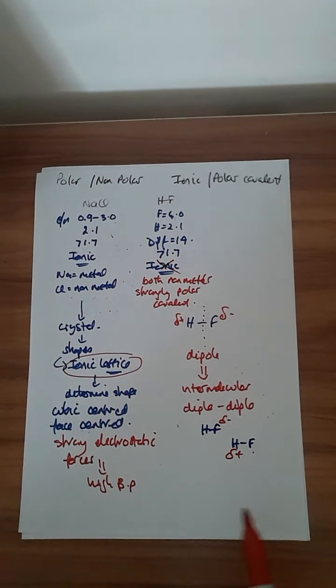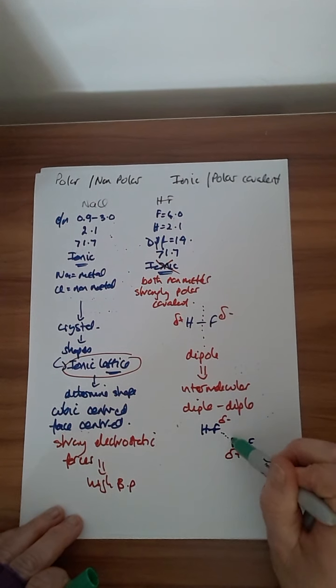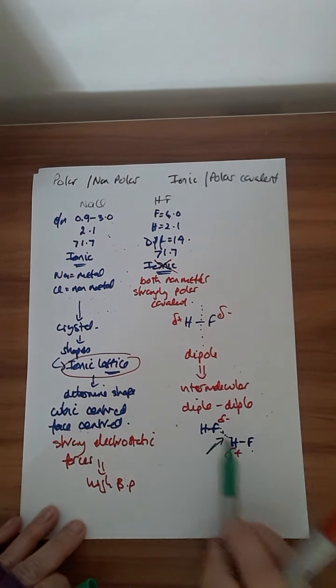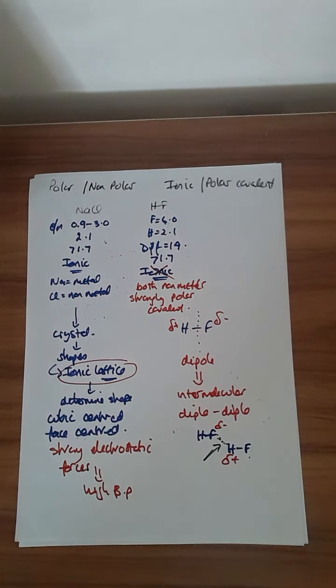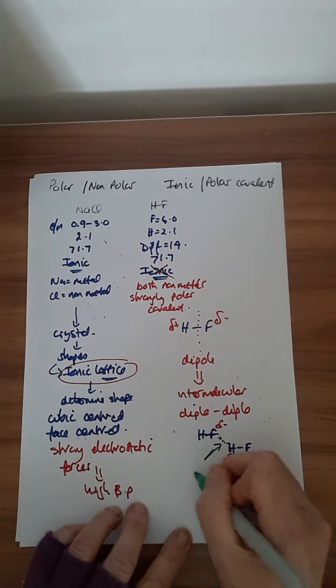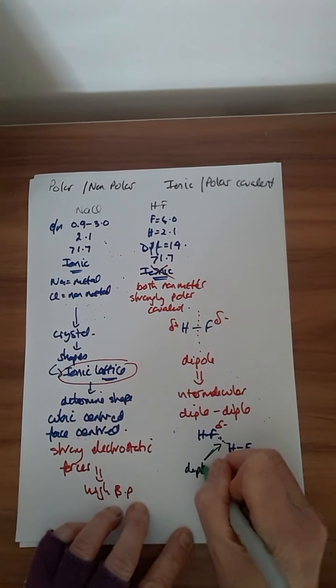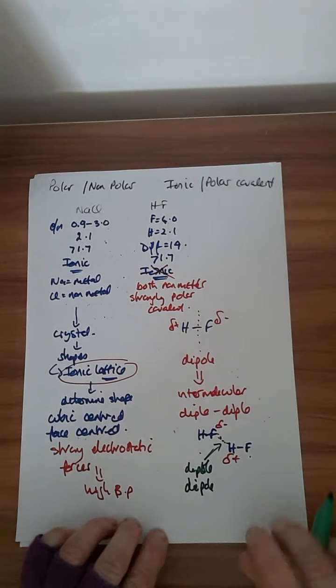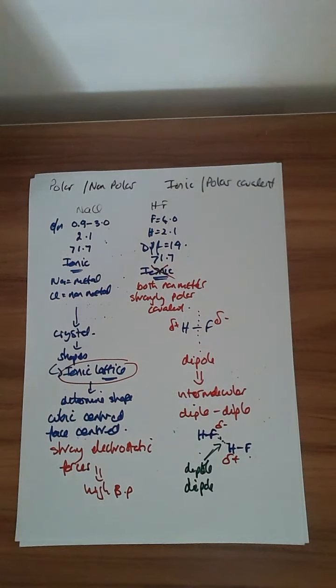You will have forces of attraction between those two molecules, and it's permanently there. So that's known as a dipole force of attraction. It's there the whole time in a strongly polar covalent molecule.